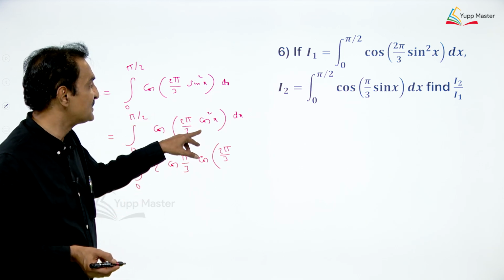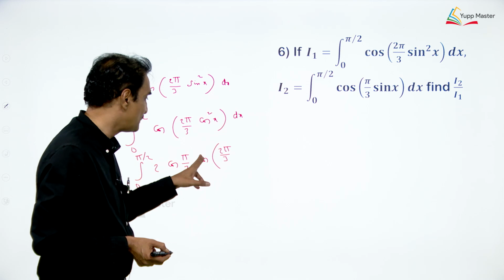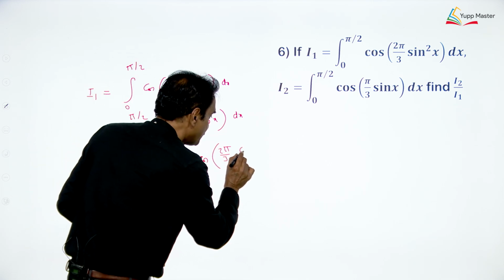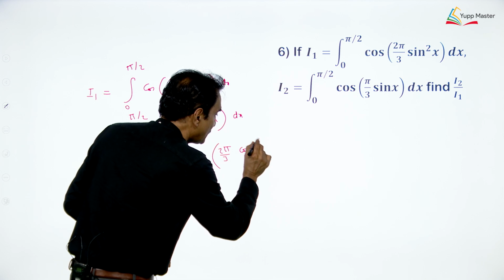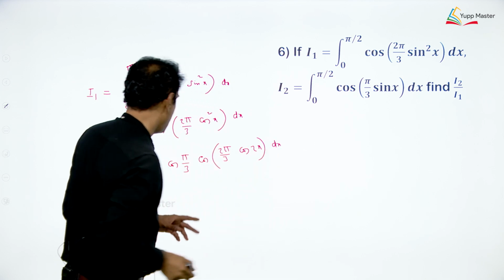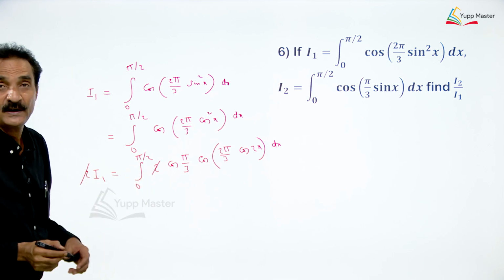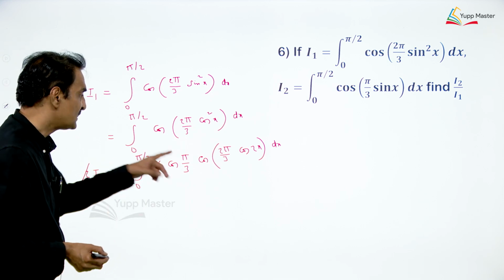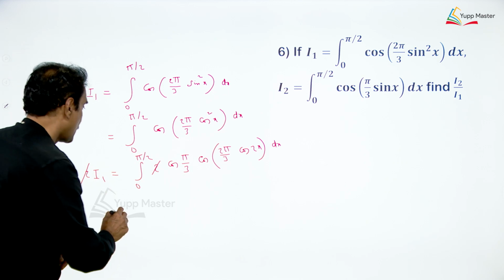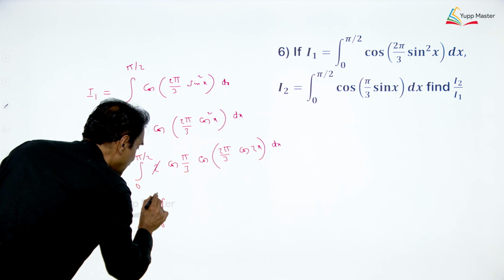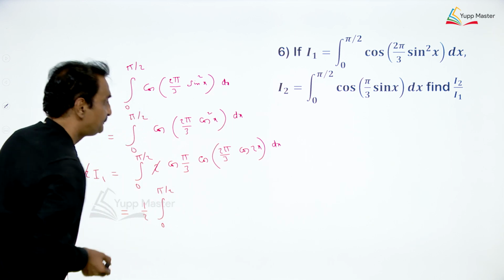So, sin square x minus cos square x is minus cos 2x, but cos of minus theta is cos theta. So, we can write cos 2x dx. You can cancel 2. Okay. Now, what is the value of cos pi by 3? 1 by 2. So, it is 1 by 2 into integral 0 to pi by 2.